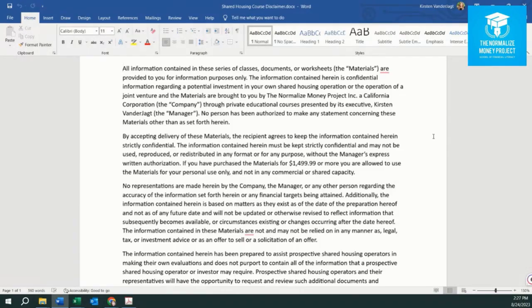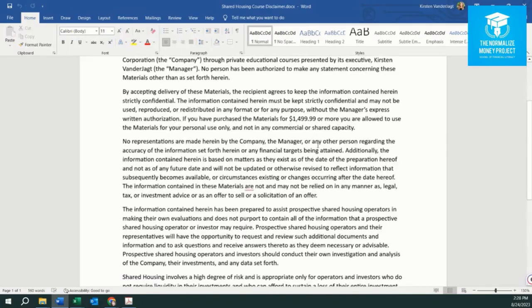The information contained herein is confidential information regarding a potential investment in your own shared housing operation or the operation of a joint venture, and the materials are brought to you by the Normalized Money Project, Inc., a California corporation, through private educational courses presented by its executive, Kirsten Vanderjack, the manager. No person has been authorized to make any statement concerning these materials other than has been set forth herein. You accept to keep these materials confidential.